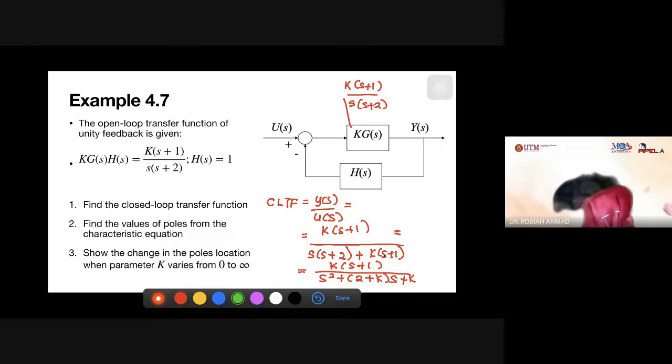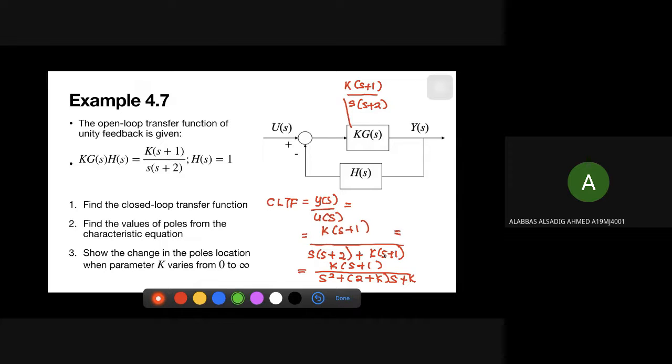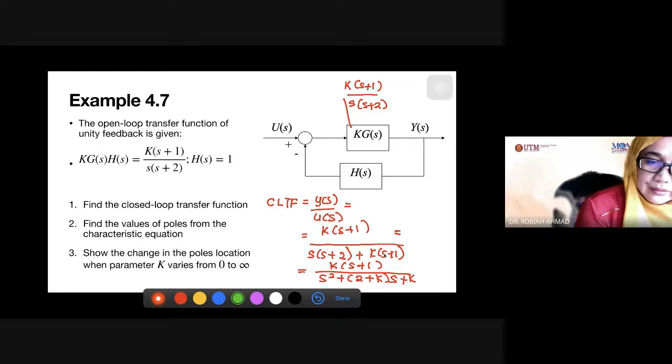I have a question. Ya? It says here KGHS equal to KS plus 1 S multiplied by S plus 2, but here it's not. Is it supposed to be KGHS or KG only? Because it's very confusing here. KGHS.